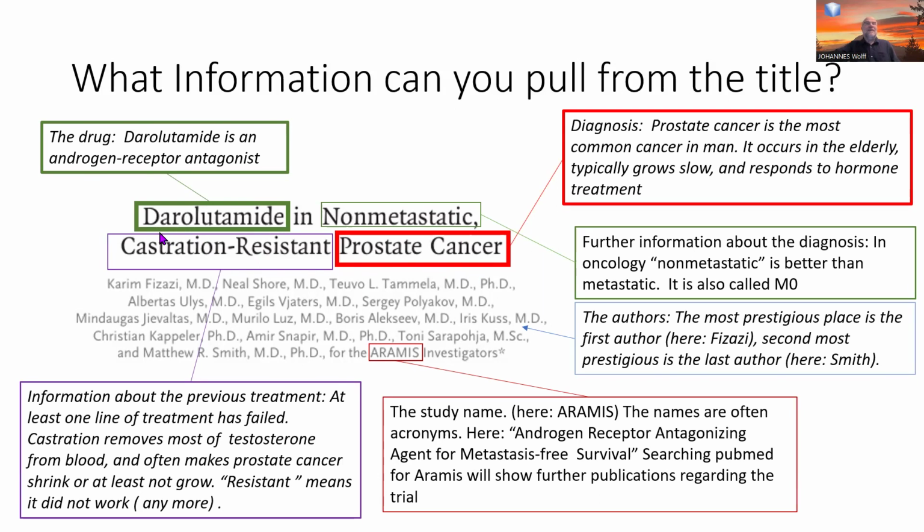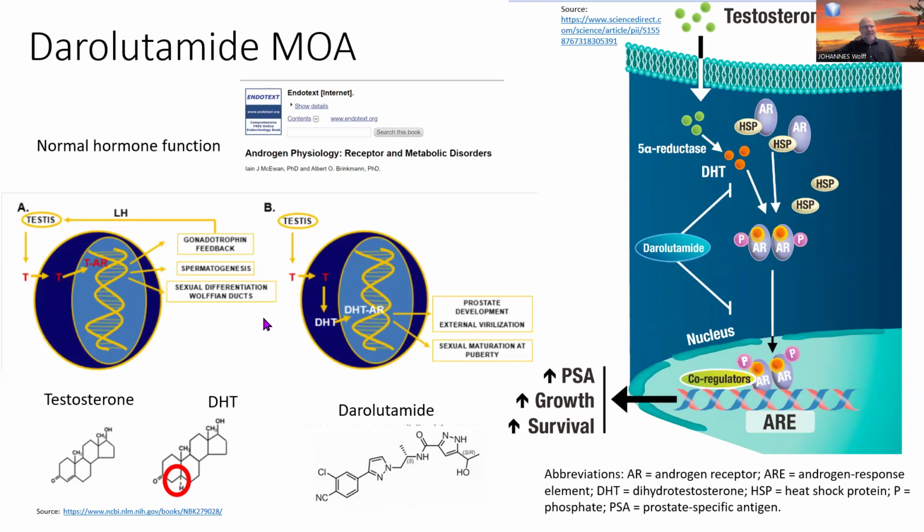The second one is the first word, darolutamide. And then in between, non-metastatic, castration-resistant. Prostate cancer is a hormone-dependent cancer, and it depends on androgen, testosterone, and dihydrotestosterone. Testosterone passes through the membrane without a receptor there.